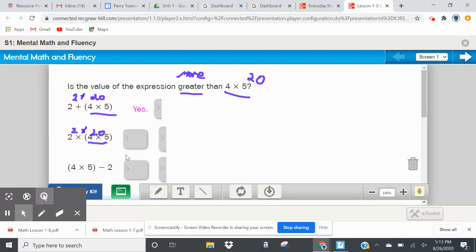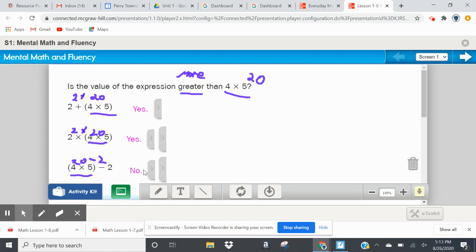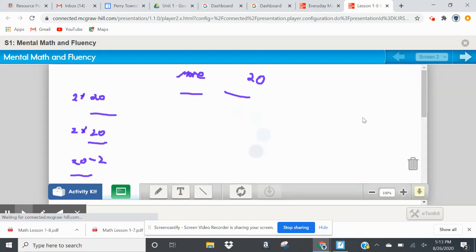So is that more than 20? Yes, it is. And let's take a look at the last one here. 4 times 5 is 20, minus 2 equals 18. Is that more than 20?